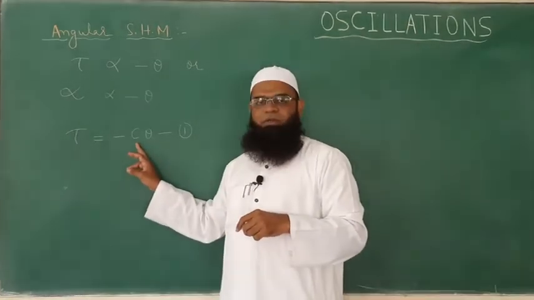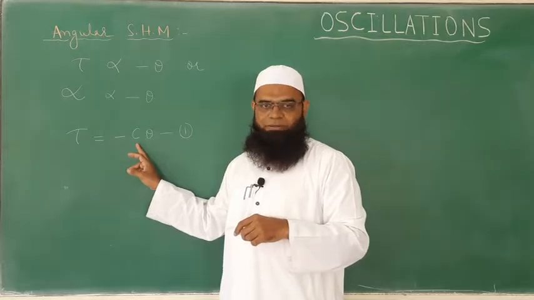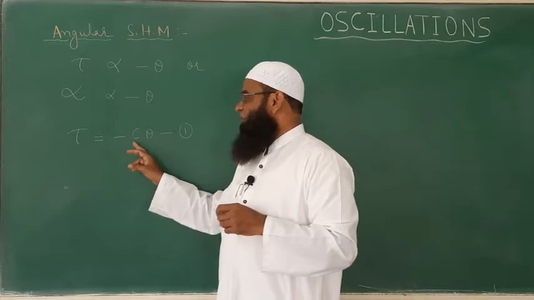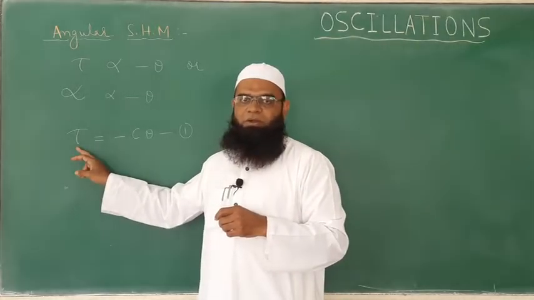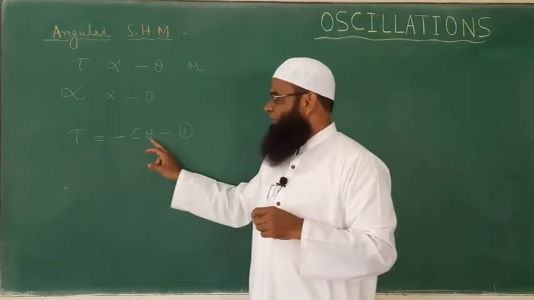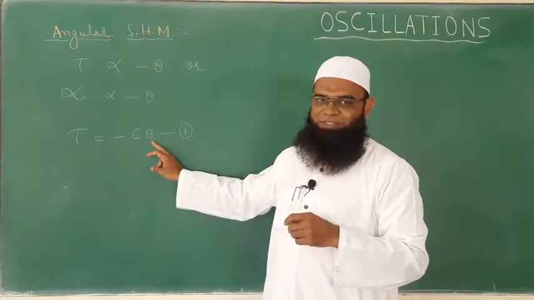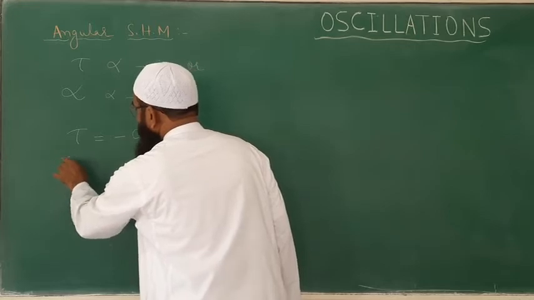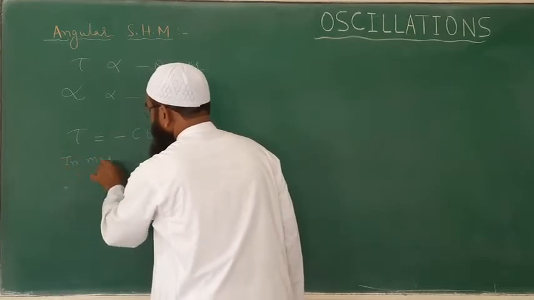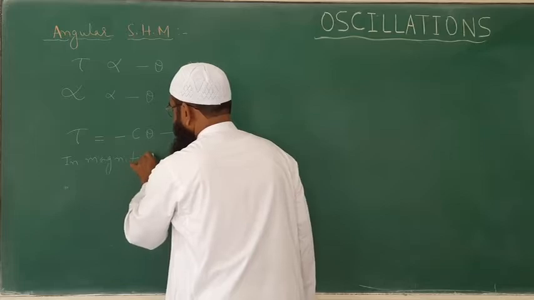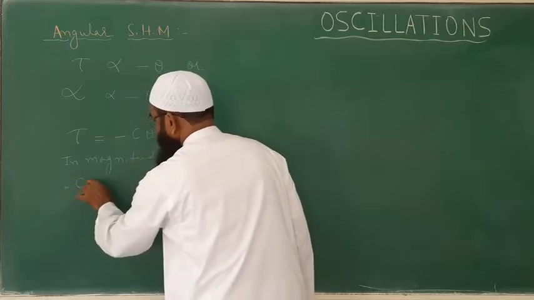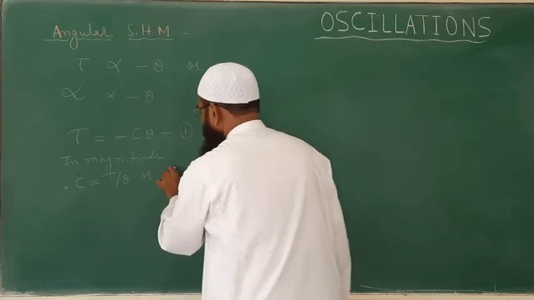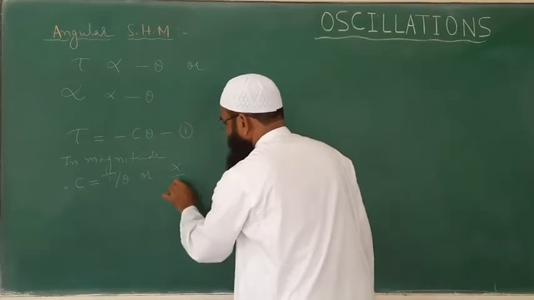C is the constant of proportionality, or numerically equal to torque or angular acceleration per unit angular displacement. So in magnitude, c is equal to torque upon theta or alpha upon theta.